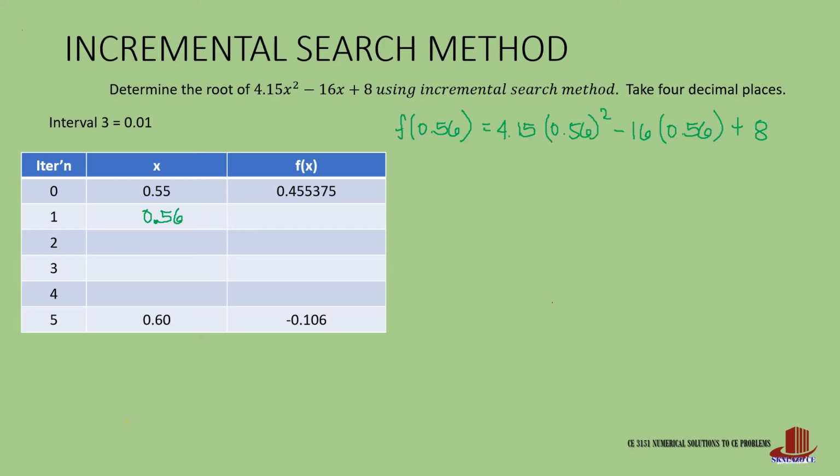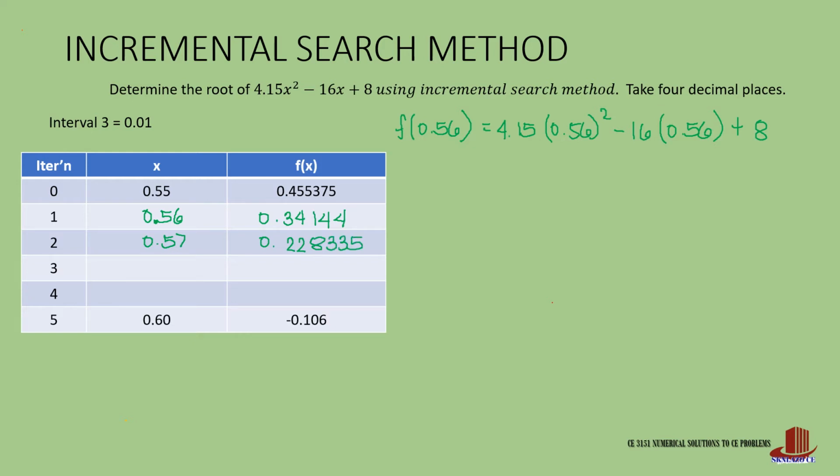Then we arrive at 0.34144. Still a positive. So we continue with 0.57. By plugging our value into the function, we still get a positive 0.228335.